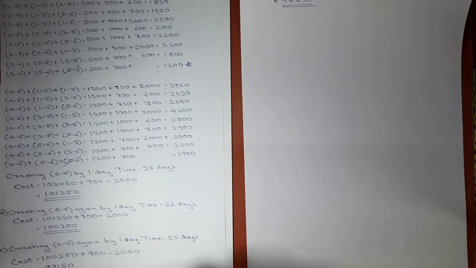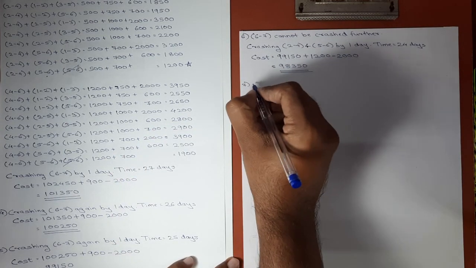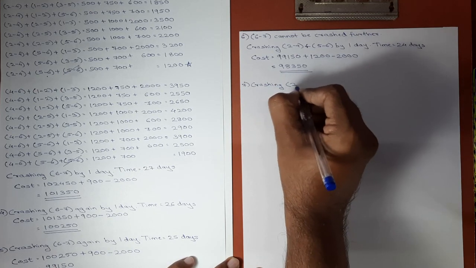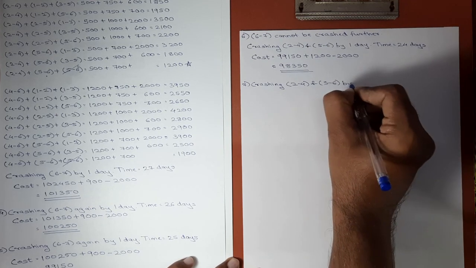So in the 7th step of crashing, this was the 6th step, in the 7th step of crashing we'll be crashing activity 2 4 and 5 6 again, by 1 day.